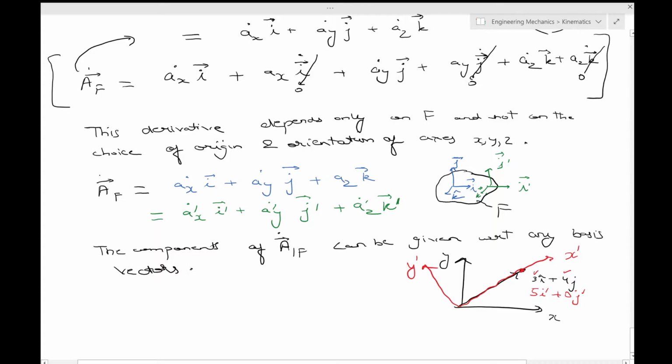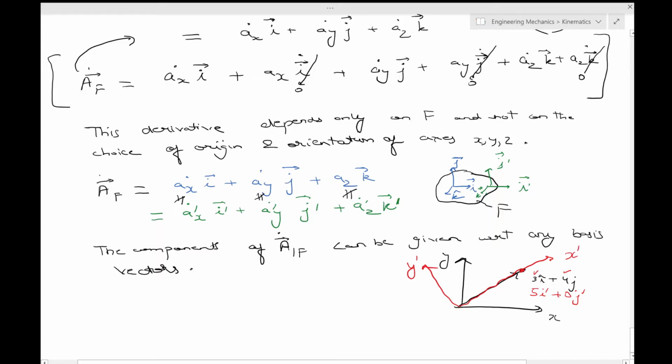and 0. Hence, in general, ax will not be equal to ax', and ay will not be the same as ay', and the same for the other components.